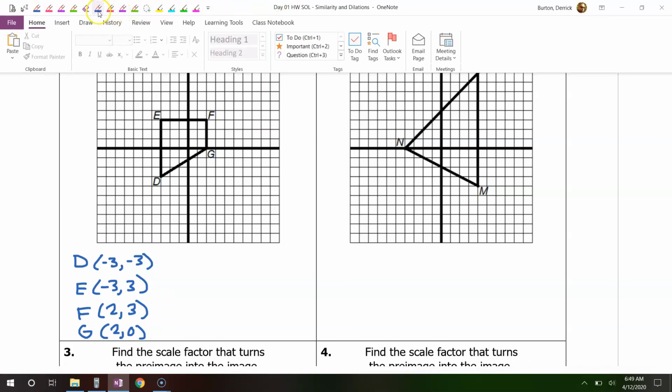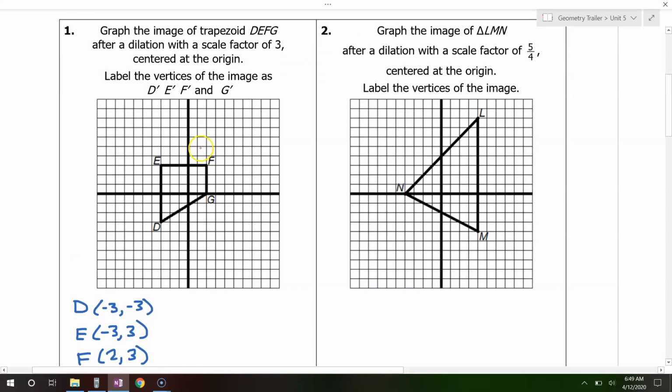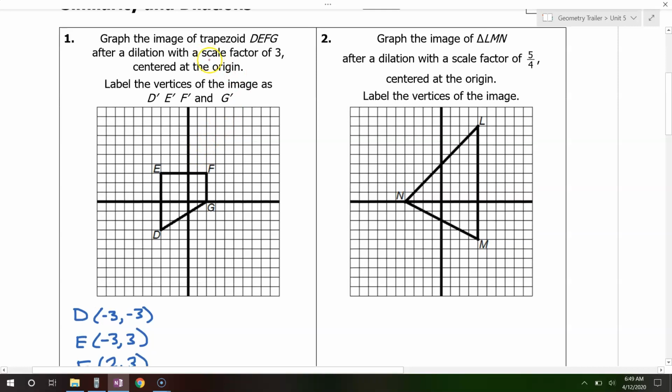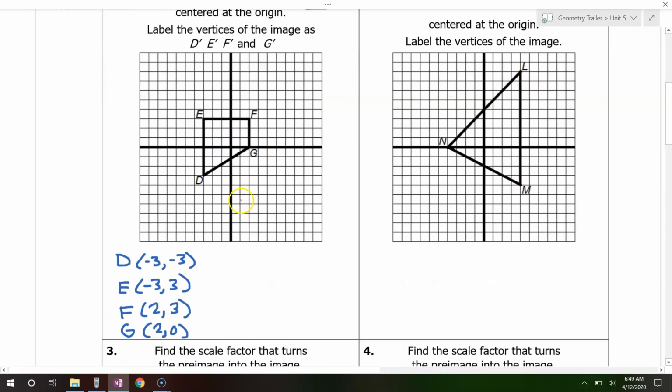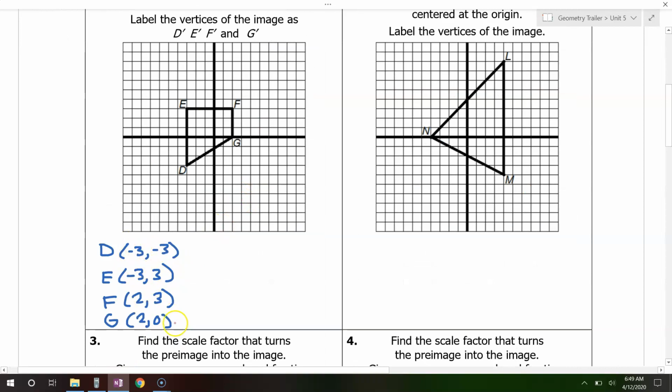So the scale factor for this problem, we're going to do our dilation with a scale factor of 3. So all you have to do is multiply all of these by 3. As I'm finding the image of each one of these points, because the scale factor is 3, I'm just going to multiply the x value and the y value by 3.